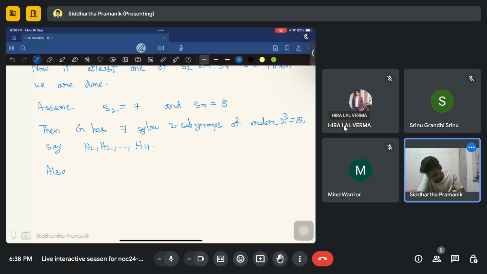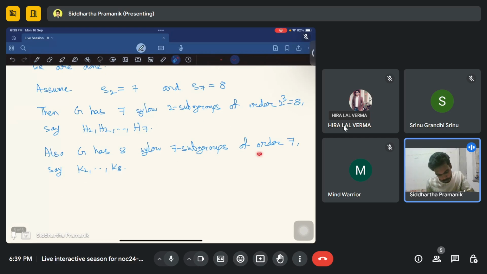Also G has 8 Sylow 7 subgroups of order 7. Let's put names for these also: K1 up to K8. Now, a group of order 7 is always cyclic because it is of prime order. Let's use this fact.